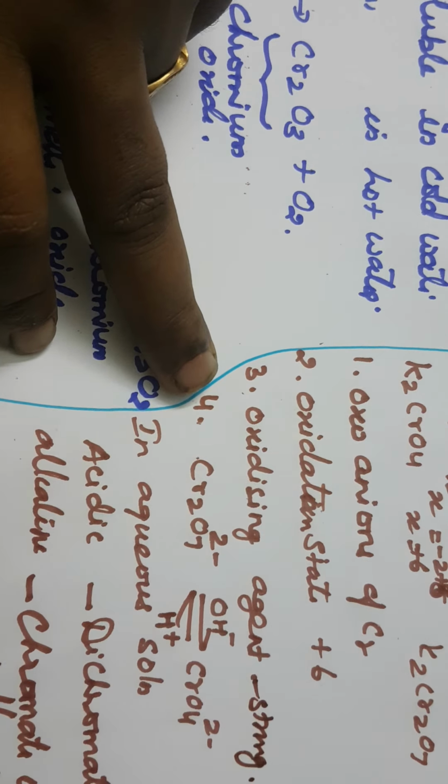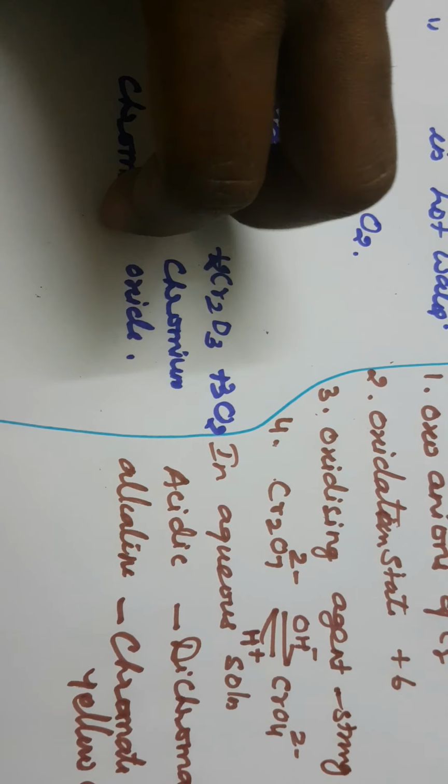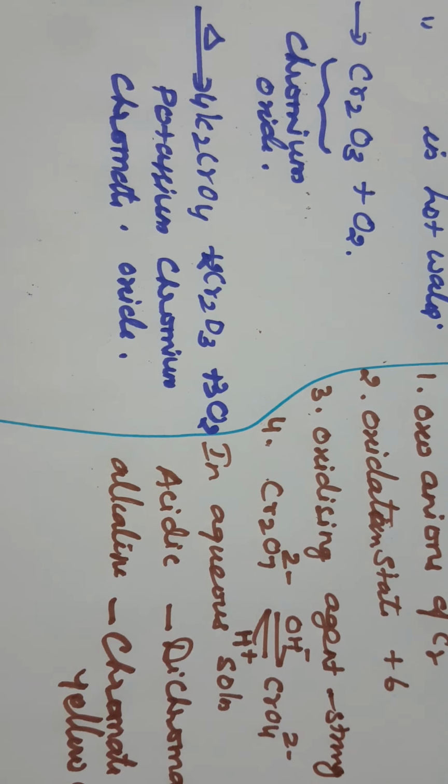In acidic medium it is the dichromate ion, red-orange in color. In alkaline medium it is the chromate ion, yellow in color. Okay, next we are going to see the structure of chromate ion.